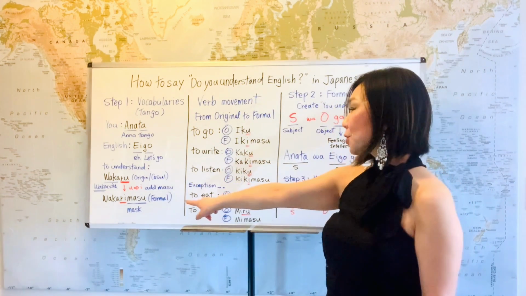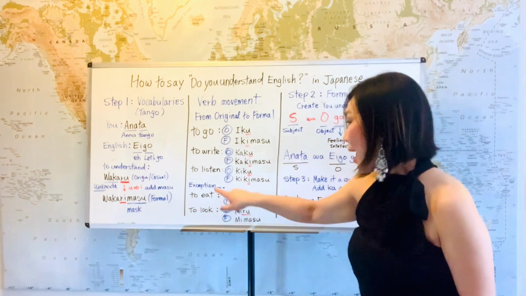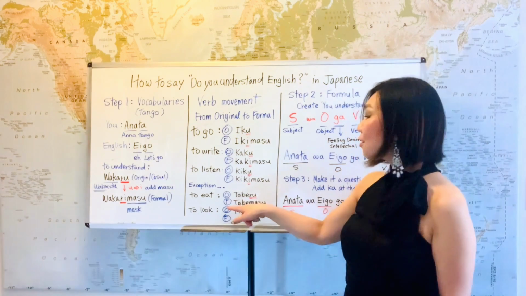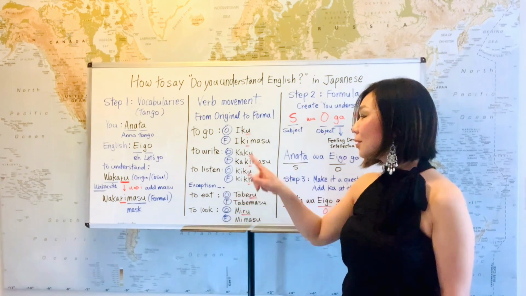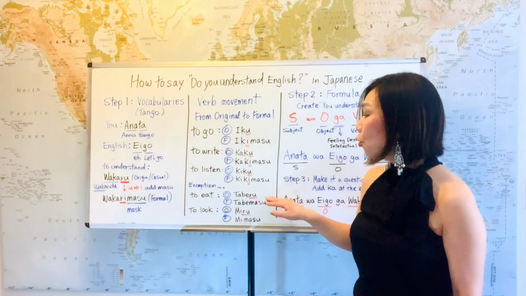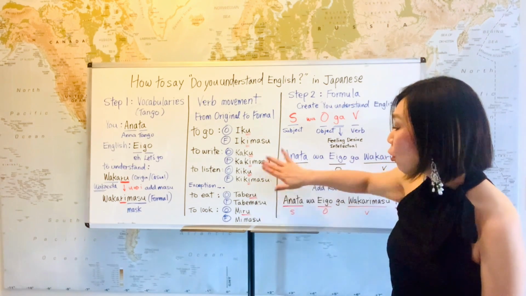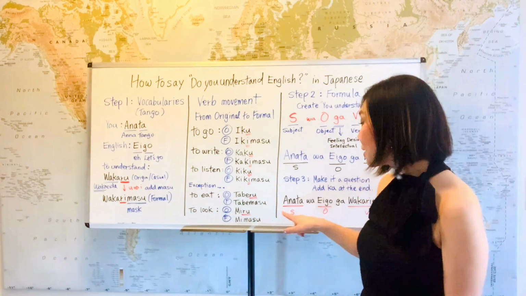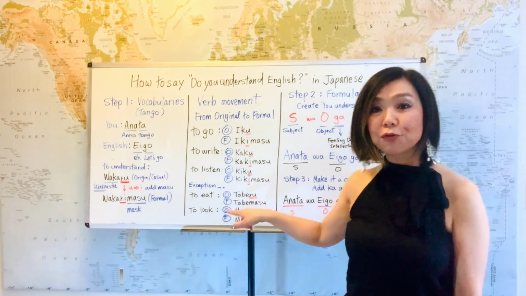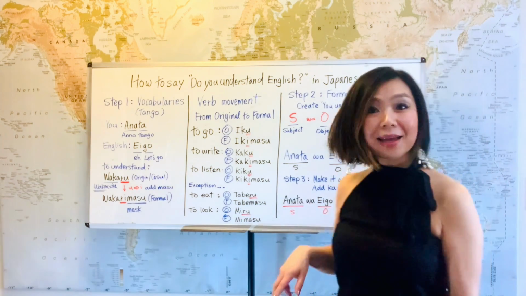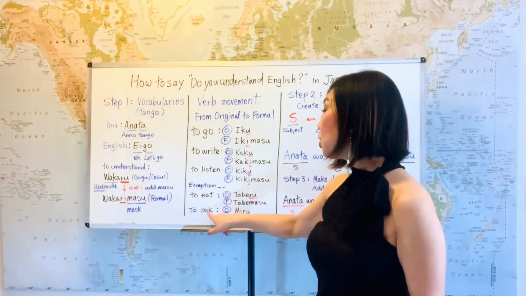So, one of the exceptions is to eat. And the original way is taberu. And the formal way, when it comes to eat, taberu, we're going to remove ru. Just remove it completely. And then add mas. Tabemasu is a formal way. Taberu, tabemasu. Now, second example is to look.